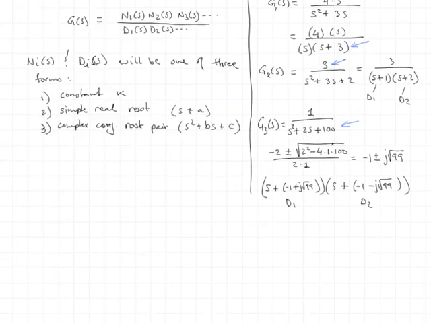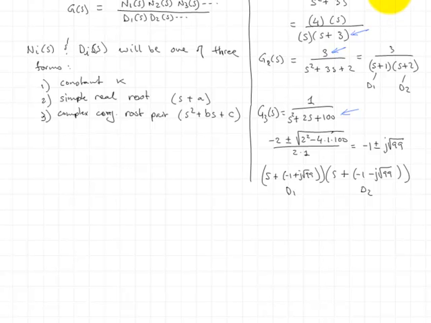So I'm going to claim that, first of all, if g of s is equal to n of s over d of s, which is equal to n1 of s, n2 of s, dot, dot, dot, over d1 of s, d2 of s, dot, dot, dot.